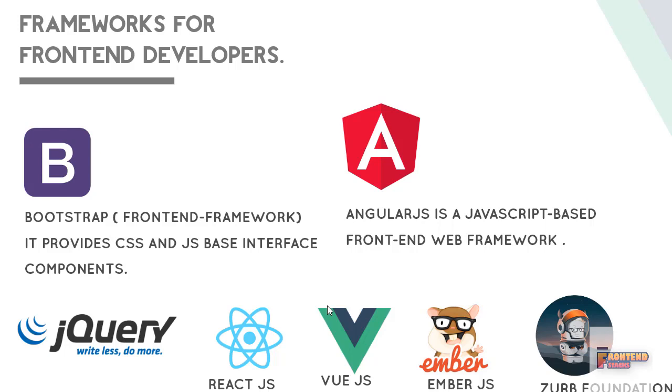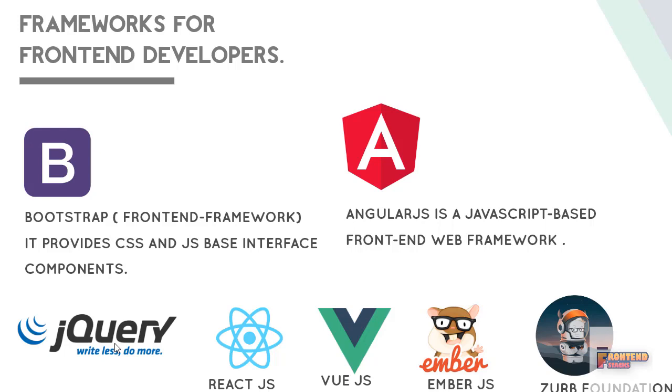AngularJS is a JavaScript based front end framework. Angular provides basic routing like URLs, security, navigation and other components of JavaScript, as well as state management and how to handle data from the back end, API calls and other things. Then there is jQuery, which is a library.